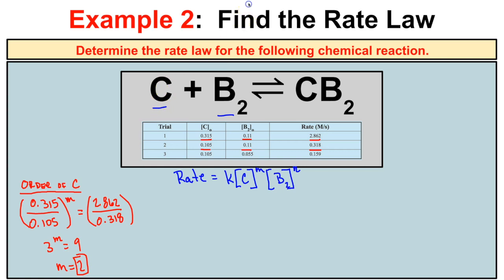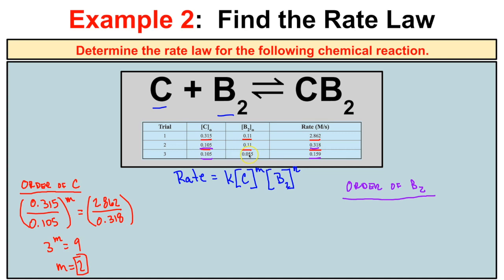Now let's take a look at reactant B2. So let's figure out what the order of reactant B2 is. The way that we're going to do that is we're going to hold C constant, and then we're going to take a look at the rates. If we're trying to figure the order of B2 out, we need to figure out the relationship between these concentrations here.